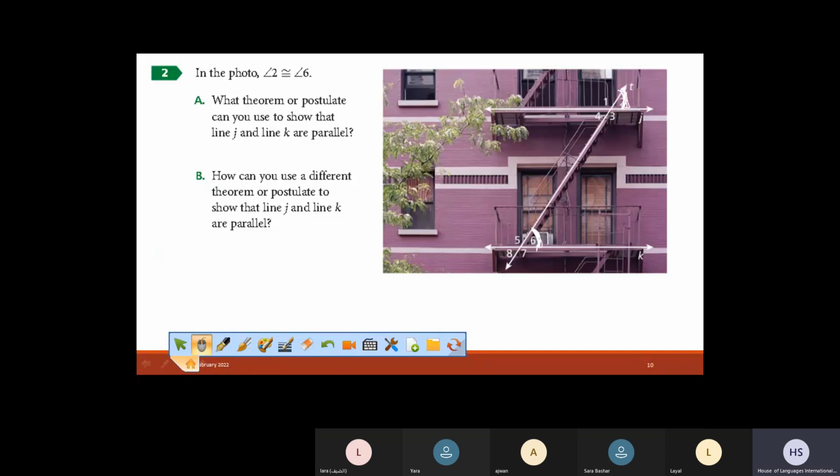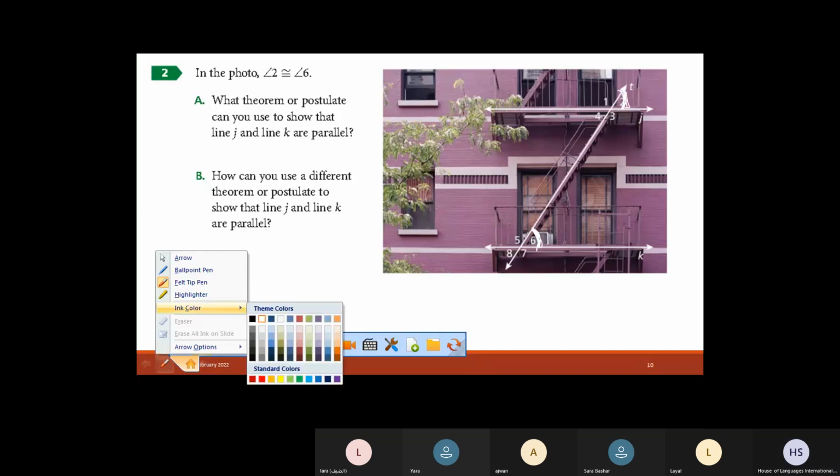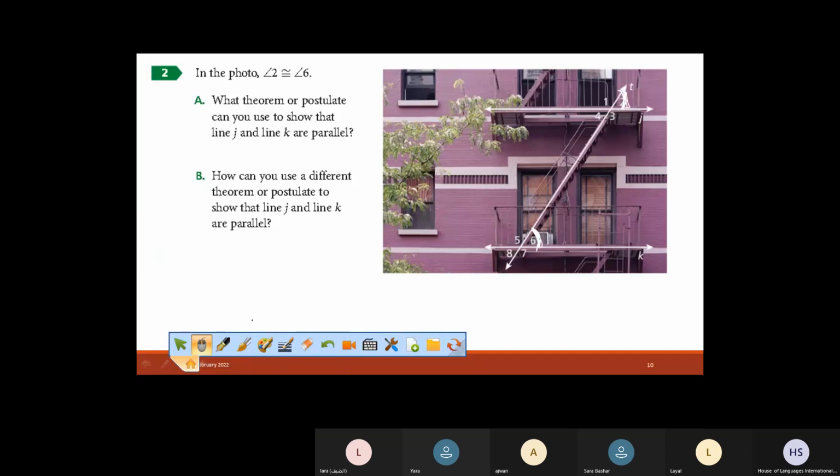Now which one are we going to use? Corresponding. So we're going to use the converse of corresponding.